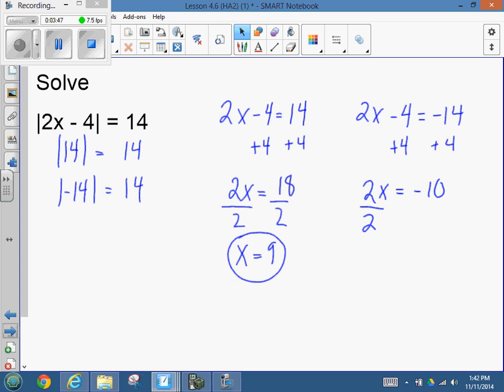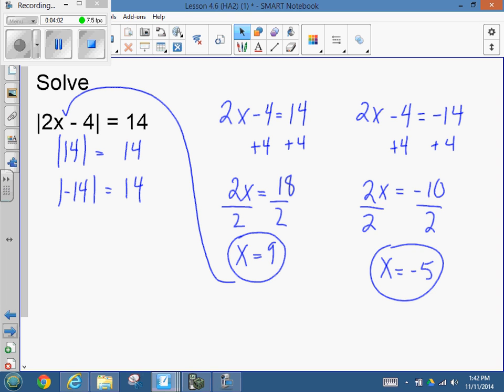Divide by 2, and x equals negative 5. Both of these values of x will satisfy the original equation given. You can always plug these back into the original problem for x, and both of them should yield a result of 14.